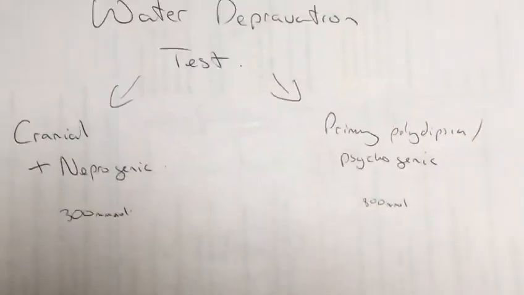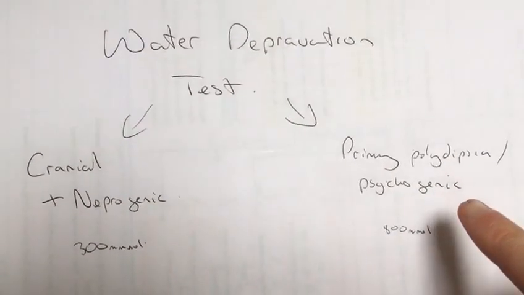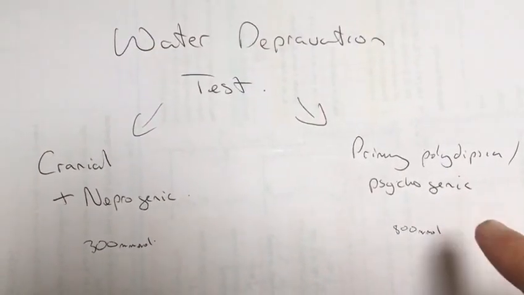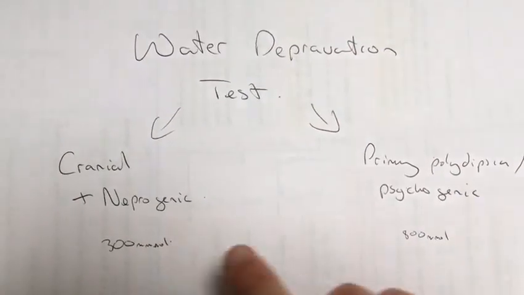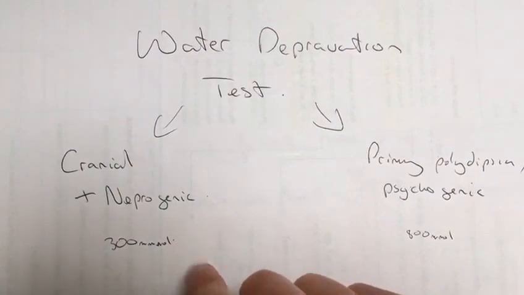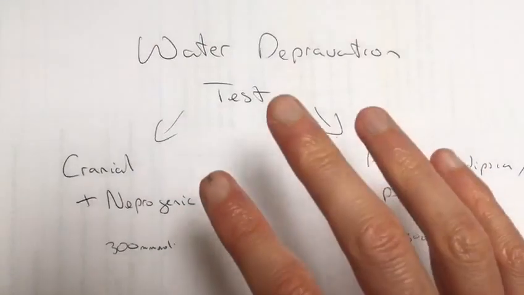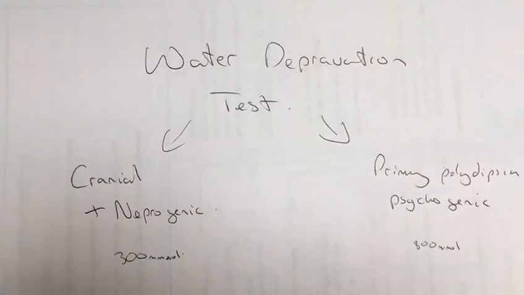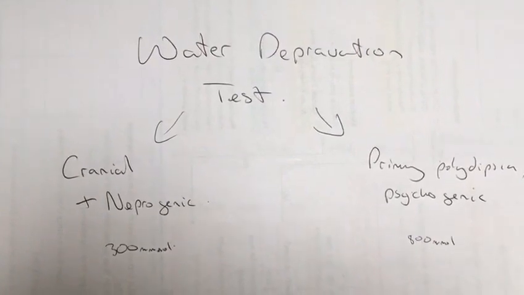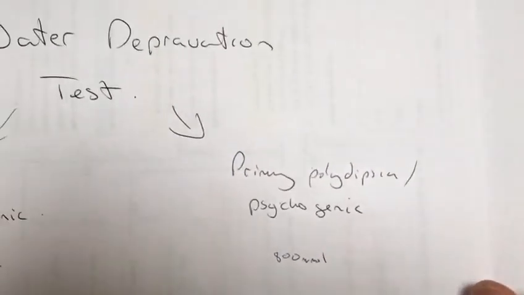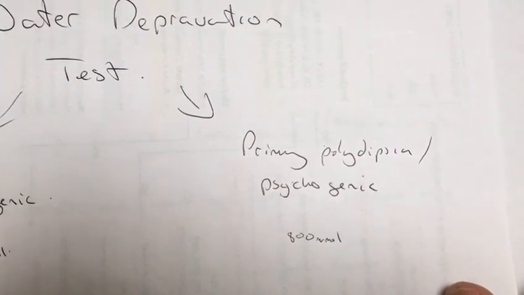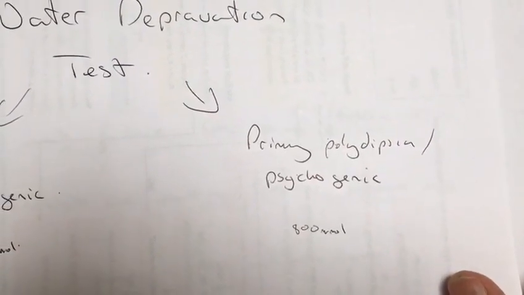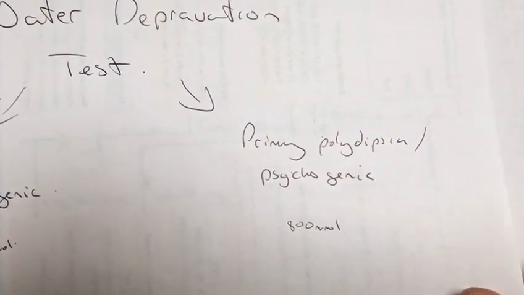So if they are drinking loads in a cycle, they'll be able to produce concentrated urine after a short time. If they have a problem with ADH, they will still be producing diluted urine. So the water deprivation test is good if they are having psychogenic polydipsia. You just say to them, you're in a horrendous cycle of drinking loads, you need to stop and go to AA or something like that.